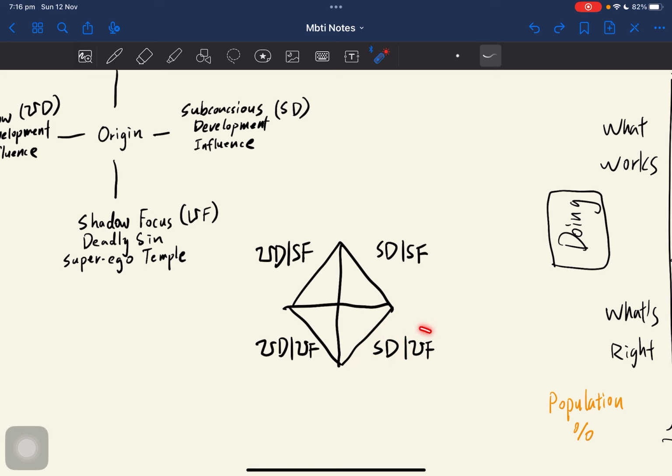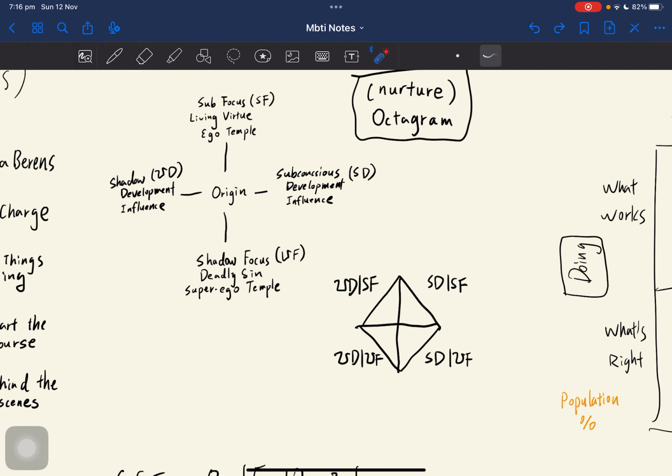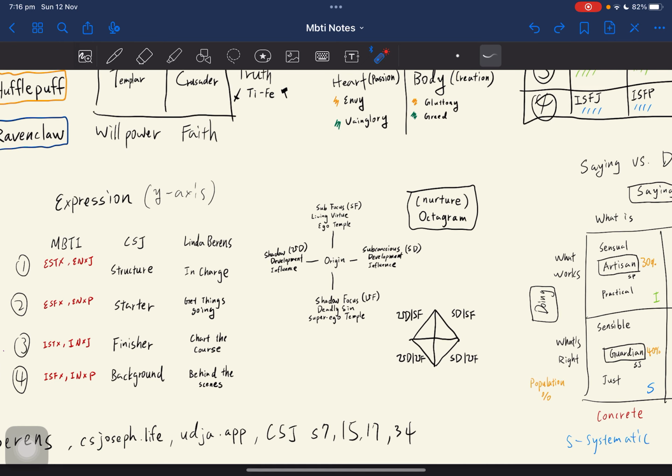So it puts you into the ISFJ superego. That's why it's the superego tempo. So ISTJ, I mean, ISTJ is here, by the way, and that's ESTP.